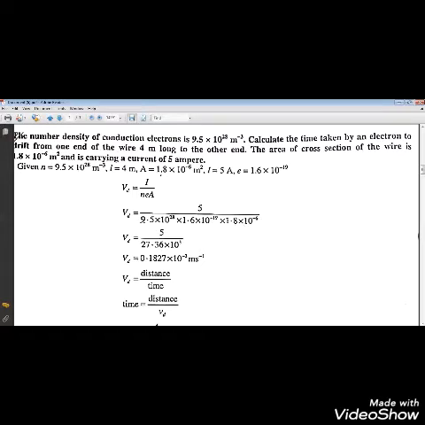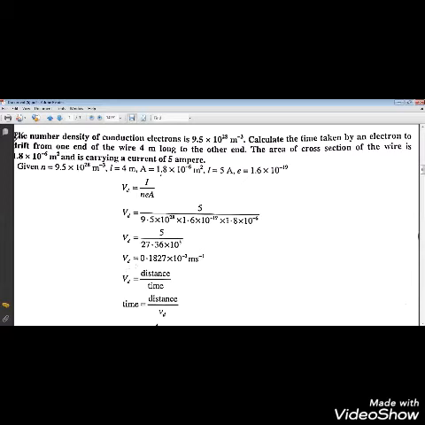Simplifying 9.5 into 1.6 into 1.8, we get 27.36, and 10 to the power of 28 into 10 to the power of minus 19 and 10 to the power of minus 6 will be 10 to the power of 3.